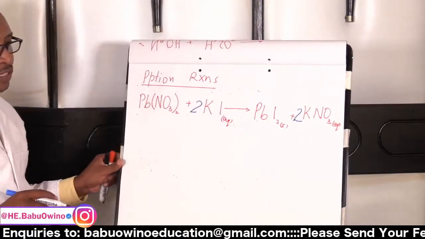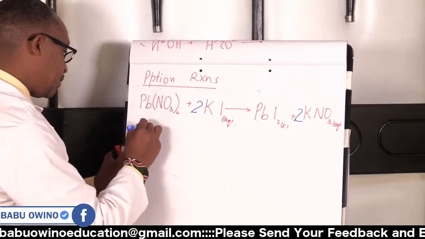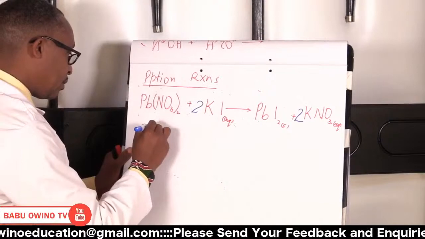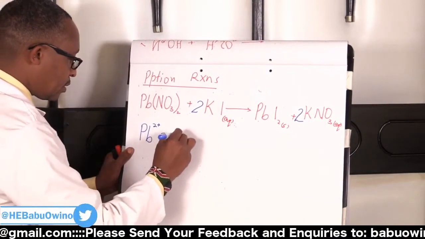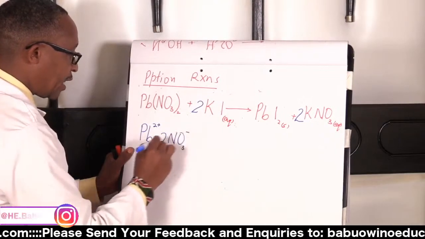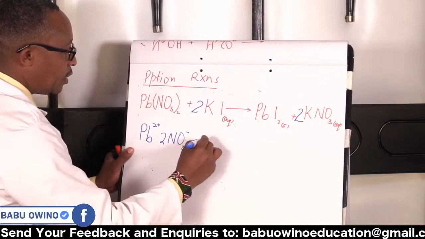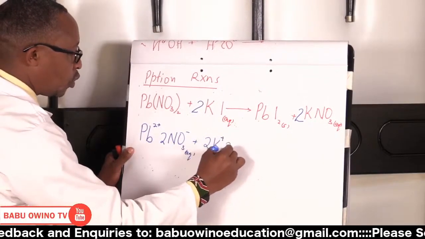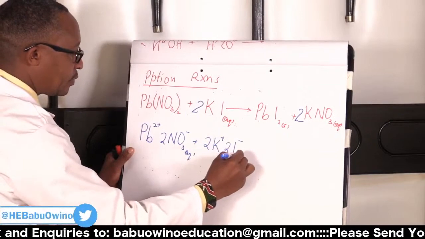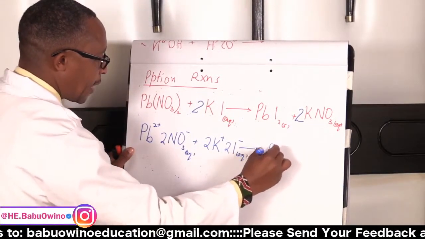So the next thing is to separate the ions. We separate the ions. Lead ions, nitrate ions, and there are 2. Combining it, 2 potassium ions and 2 iodide ions. This one giving us lead iodide.